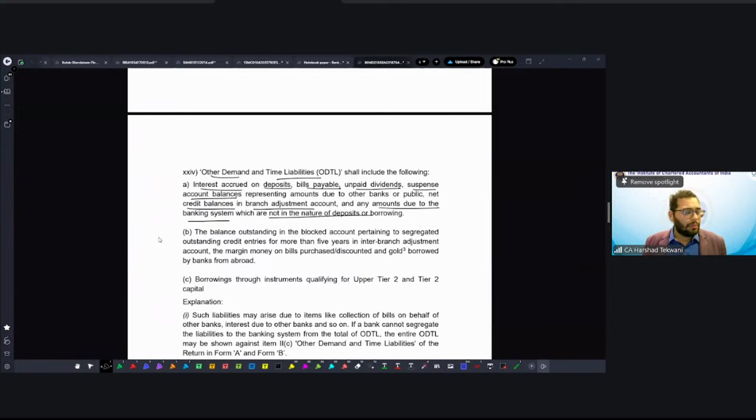It will cover everything. Balance outstanding in the blocked accounts pertaining to segregated outstanding credit entries. A lot of things are there. Then borrowing through investment instruments qualifying as upper tier 2, which is a specific one. But this particular part will cover a lot of things, which is general. So check the negative list, the part which is more specific, and exclude that.